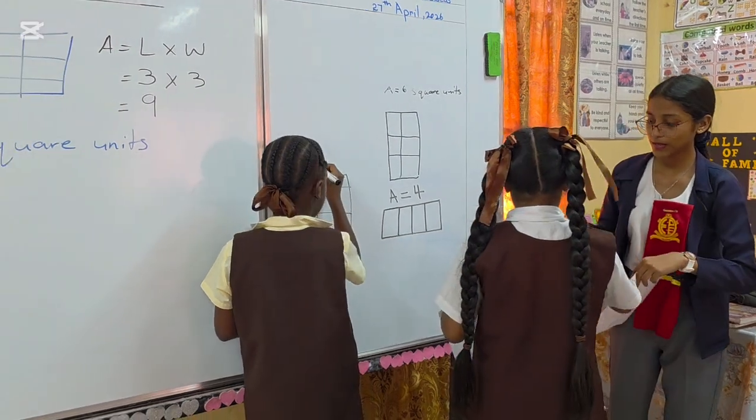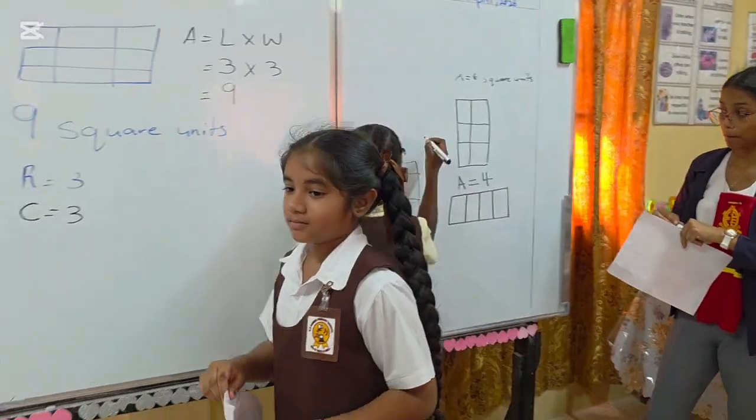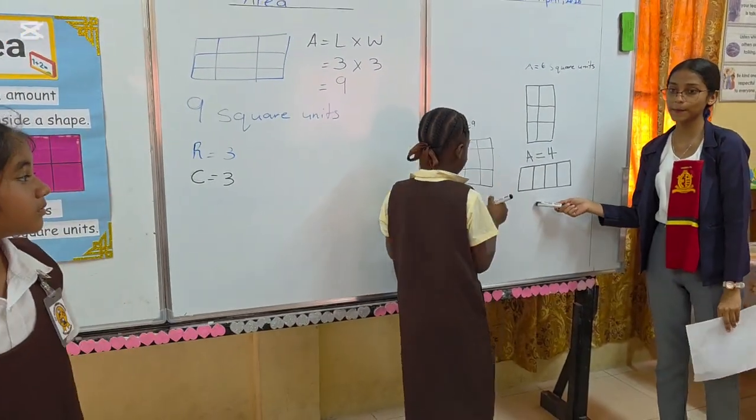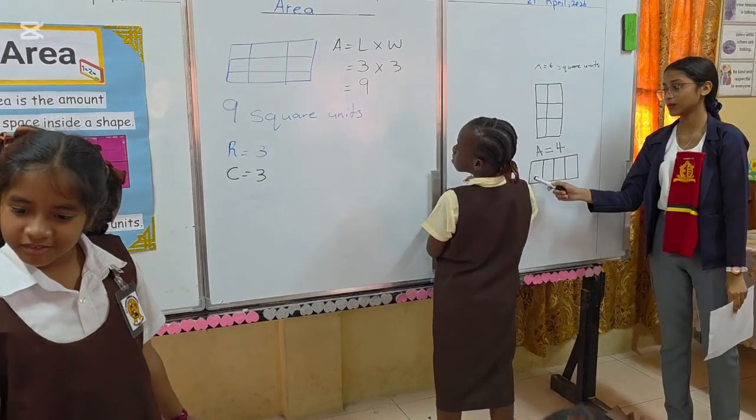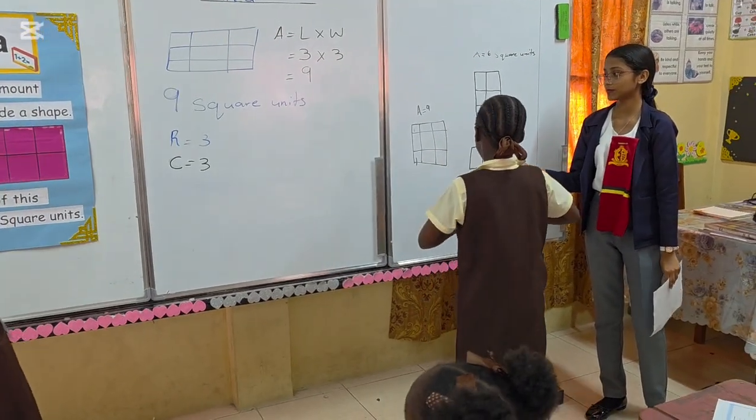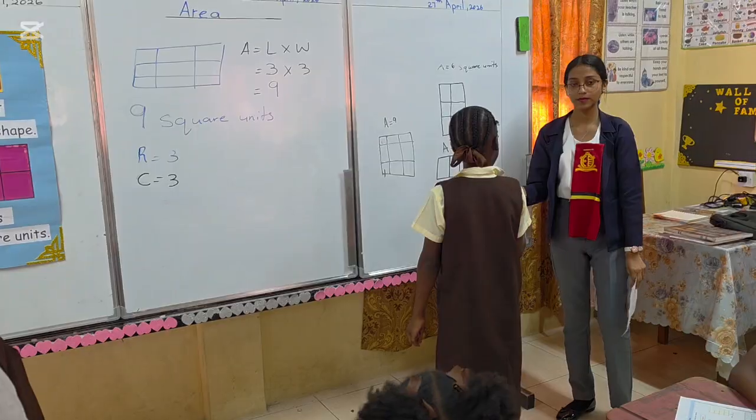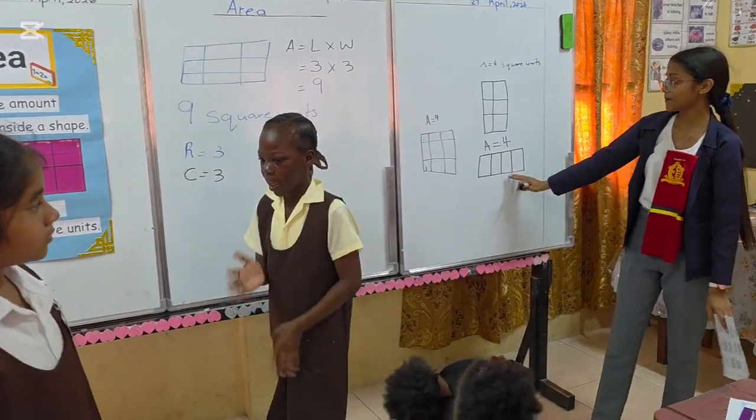It's fantastic. Is she correct there? No. Is it so correct? Yes. Let's see. 1, 2, 3, 4. She's correct, right? Give her a clap.